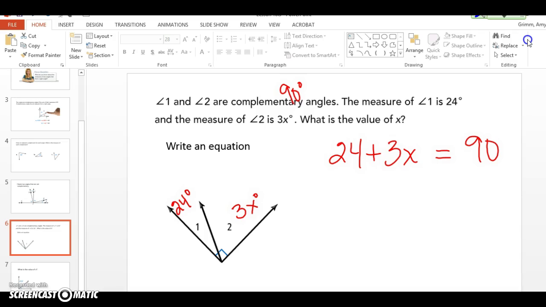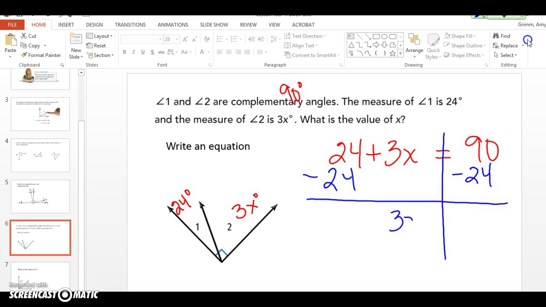We're going to start by subtracting our 24 from each side. I get 3x equals 66, and then divide both sides by 3, and x equals 22.